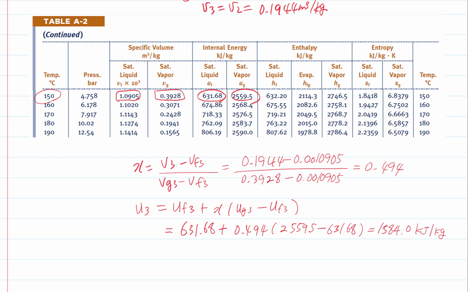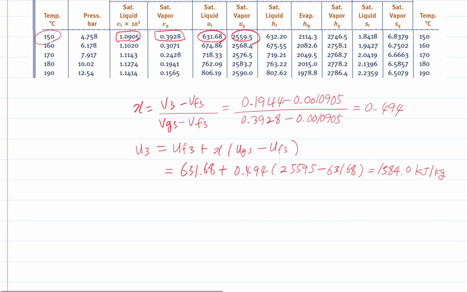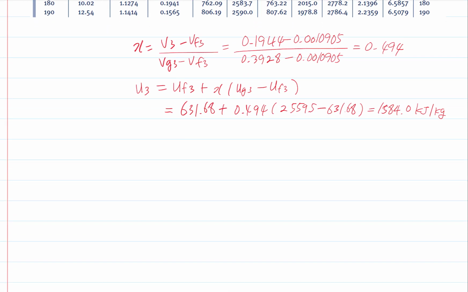And determine the heat transfer for the overall process. Apply the energy balance equations. Internal energy is a property. Property is a point function, so it does not depend on the path.